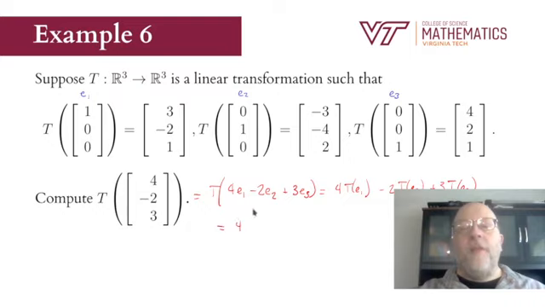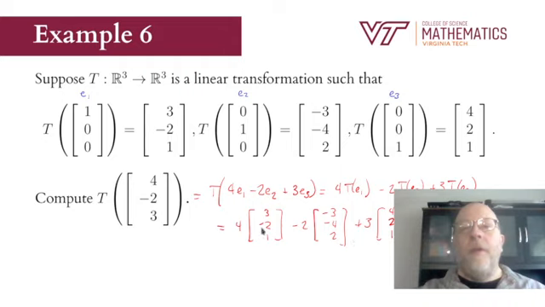This is the transformation of E1, 3, negative 2, 1. And this is the transformation of E2. And this is the transformation of E3. And so when we add these together, we get 12 minus 12 plus 6, because negative 2 times negative 3 is 18. 18 plus 12 is 30.